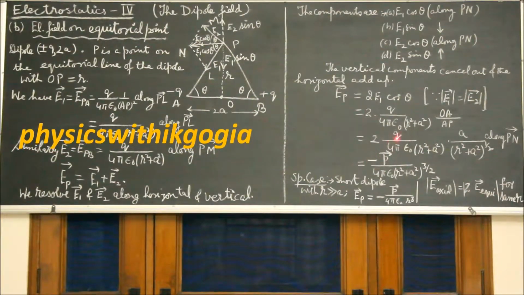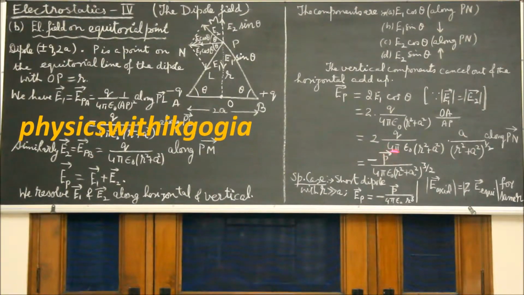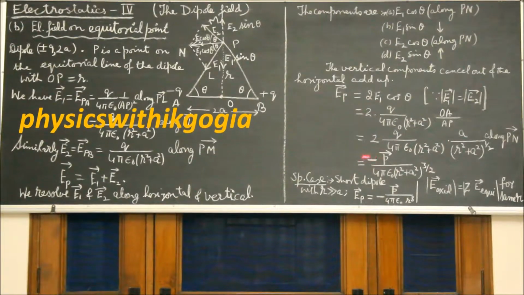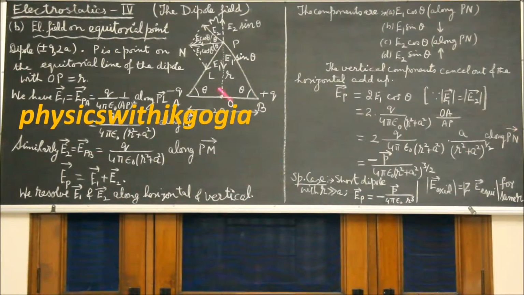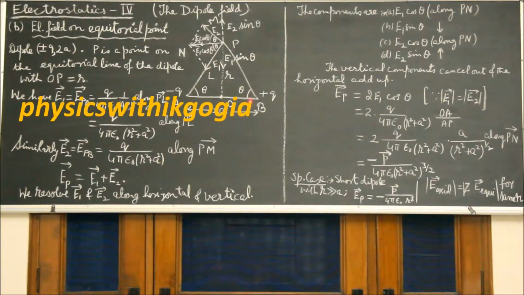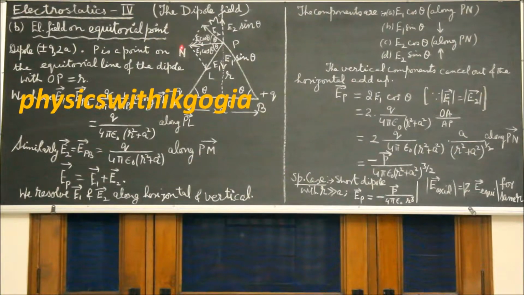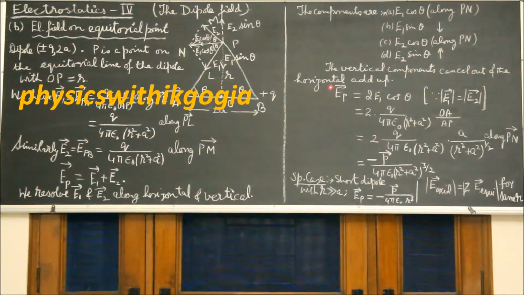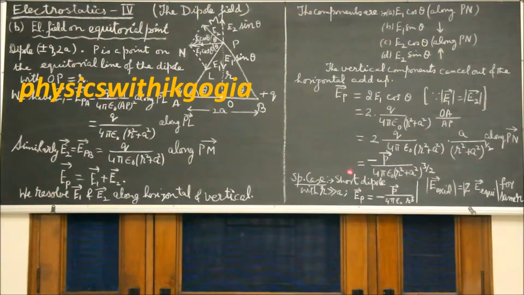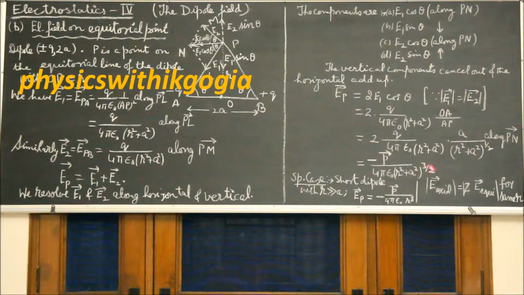So overall the result is q into 2a, which is p, the dipole moment, and we attach a negative sign because the dipole moment is from negative to positive along AB, and the field is in the opposite direction. Hence E and the dipole moment are in opposite directions, introducing this negative sign, over (r square plus a square) to the power 3 by 2.